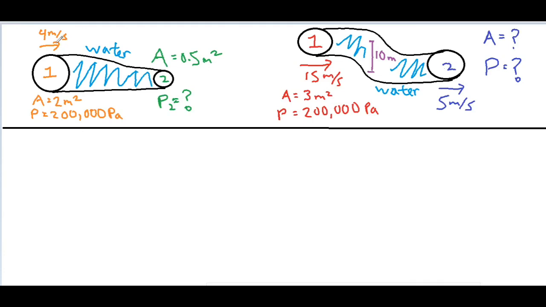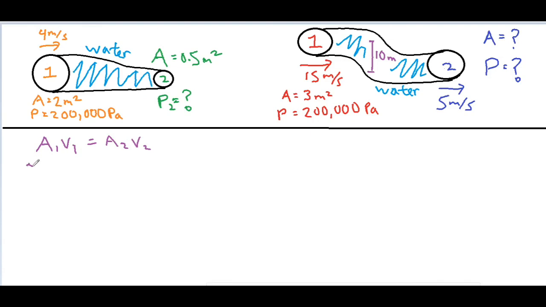Now, we have the water flowing at 4 meters per second, and as the opening shrinks, the velocity is definitely going to increase. So we're going to use the continuity equation, where the area and the velocity of our first opening equal the area times the velocity of our second opening.